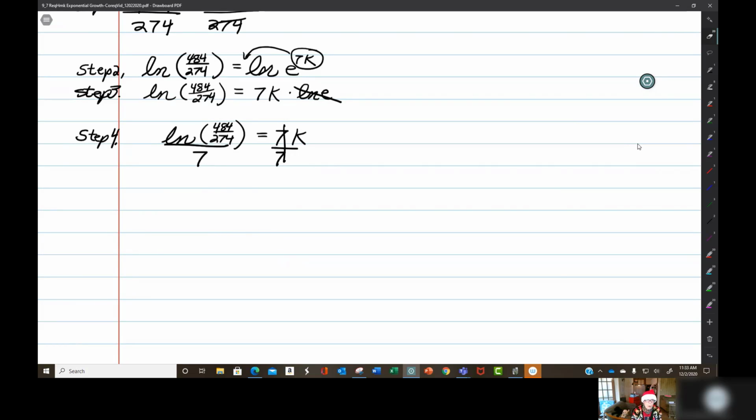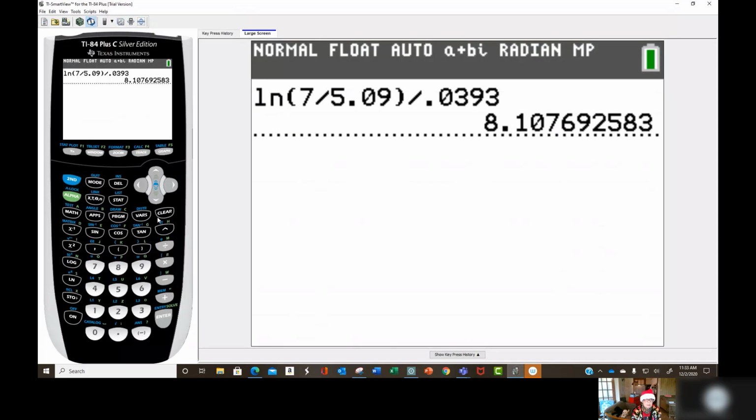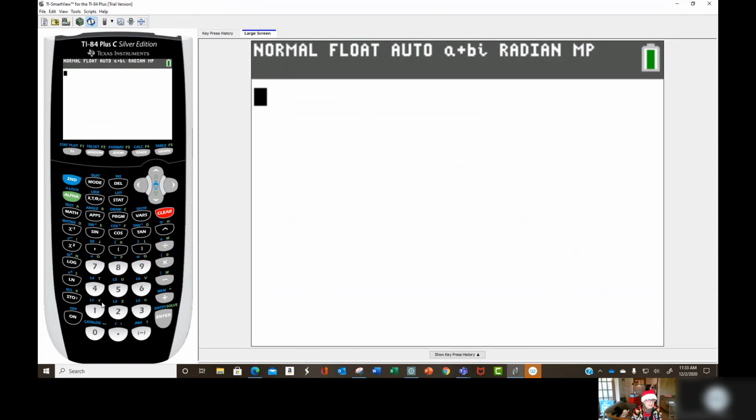All right, so k then is going to equal the ln of 484 over 274 divided by 7. And we are going to get our trusty calculator out. And take the ln of 484 divided by 274, close parentheses, divided by 7.